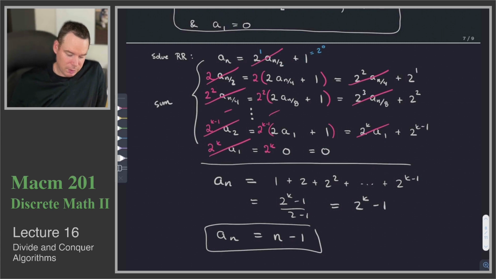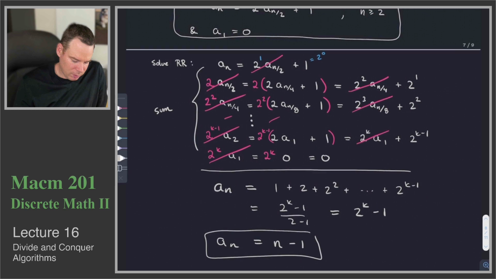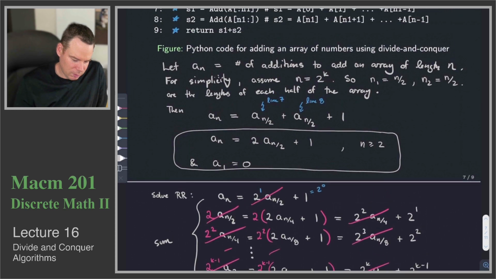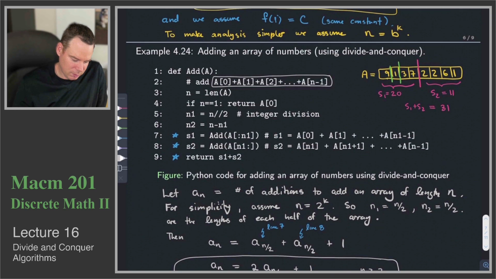So there we go. It says that our divide and conquer approach for summing up these n integers cost us n minus 1 additions. And if we think about it, that's not a surprise, because when I look at how I did it, I'd split it up into 2 halves, do the sum of the 2 halves, and then I have this sum at the end.